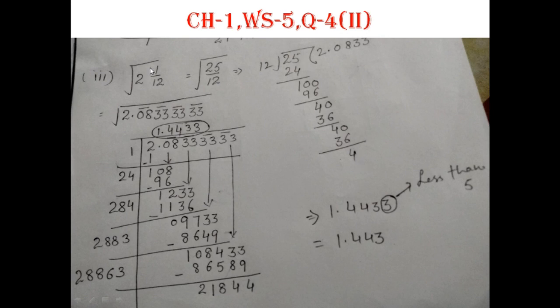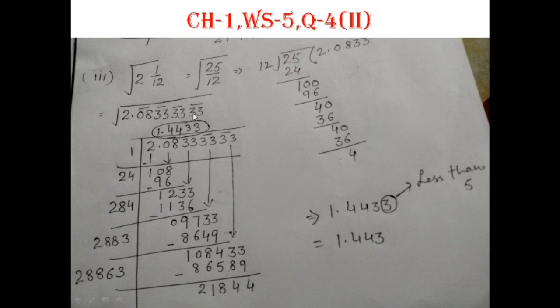You can simply solve it that you can write 2 here as it is, or you can divide 1 by 12, then you will get 2.08333. You can solve this according to your own comfort. Then write this number here.